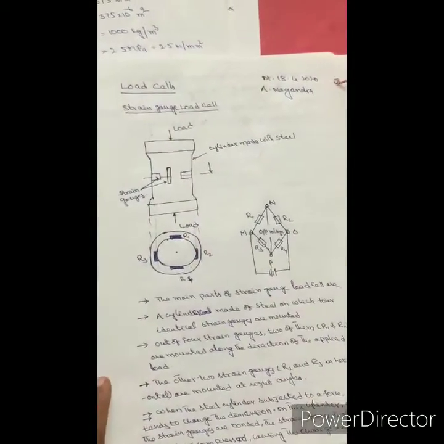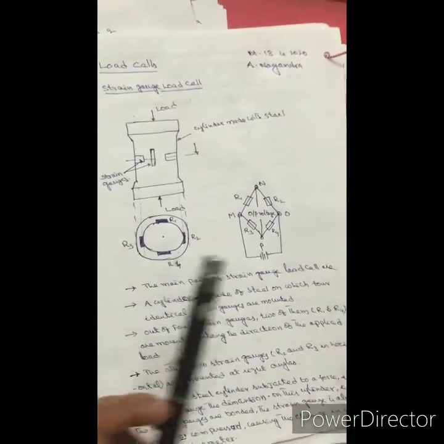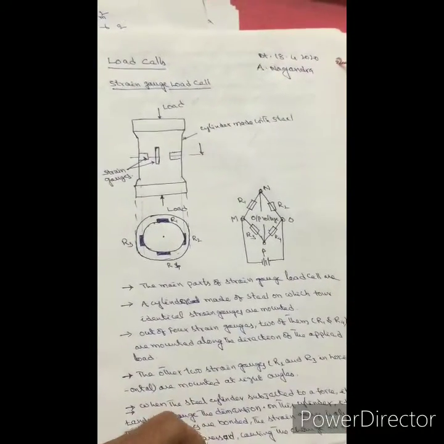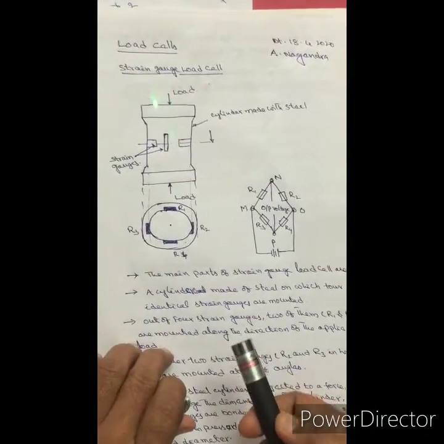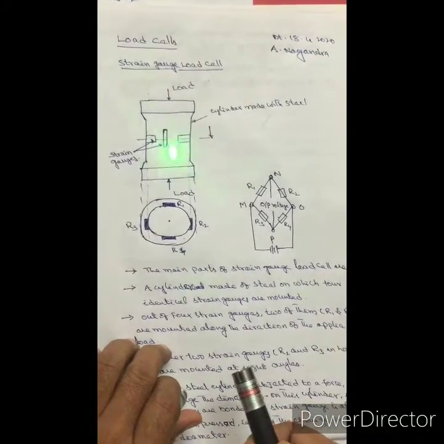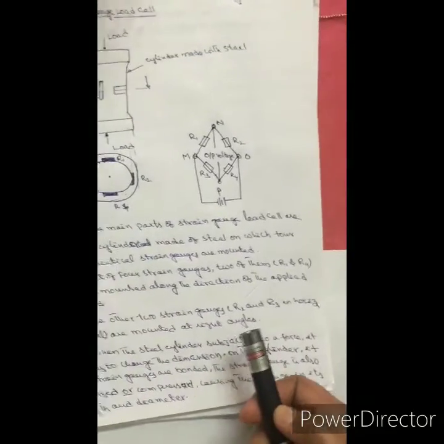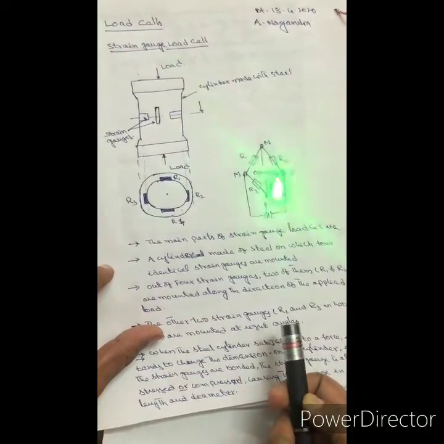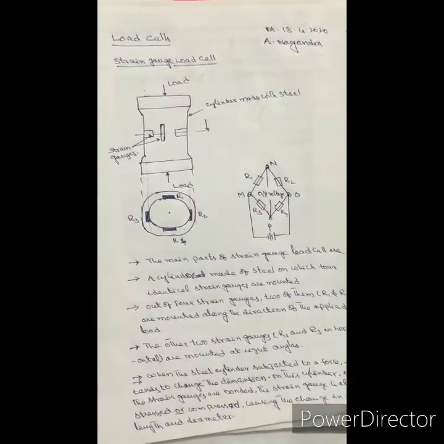Looking at this diagram of a load cell, we are using one cylinder made of steel, and we are placing strain gauges on it, and we are attaching a Wheatstone bridge.